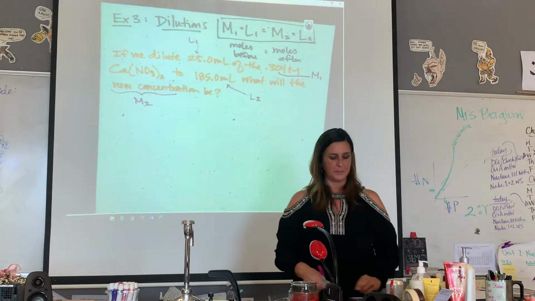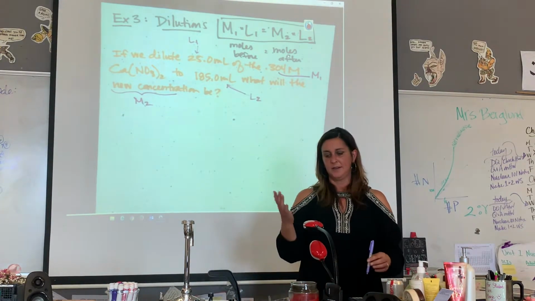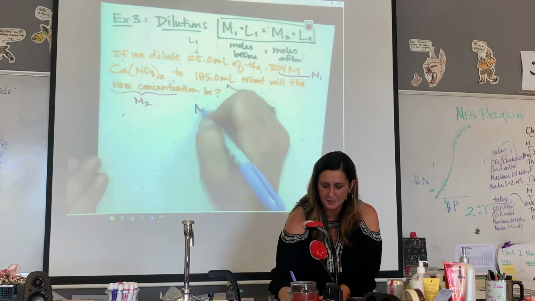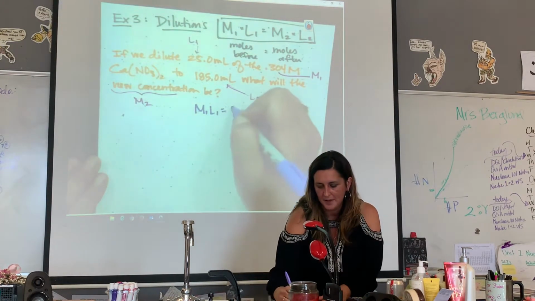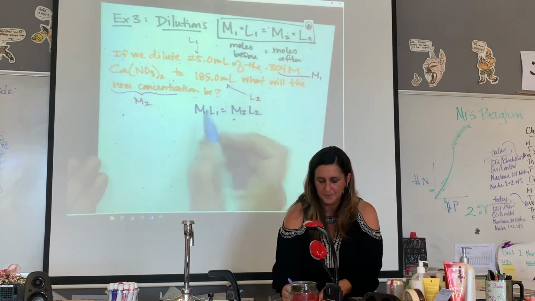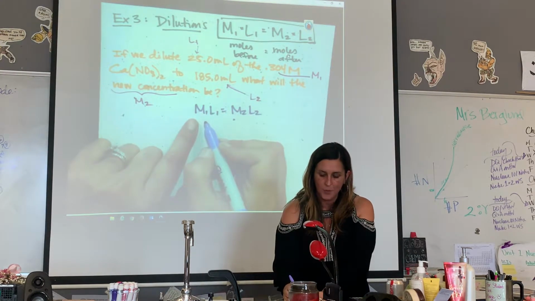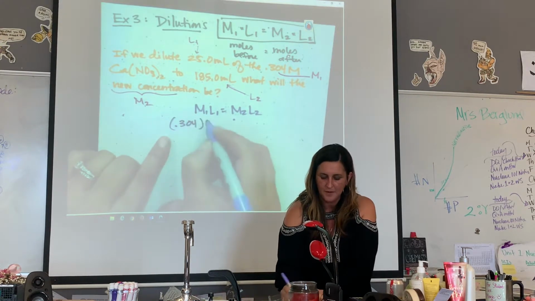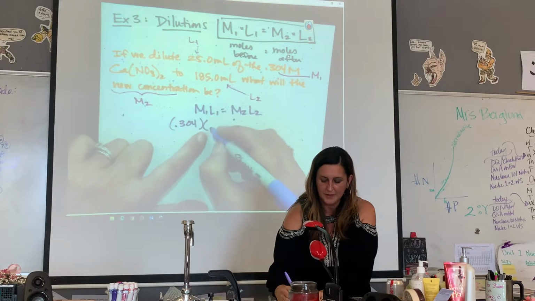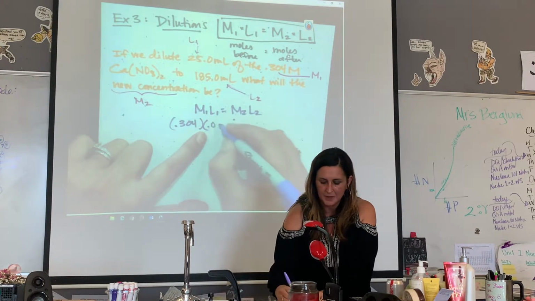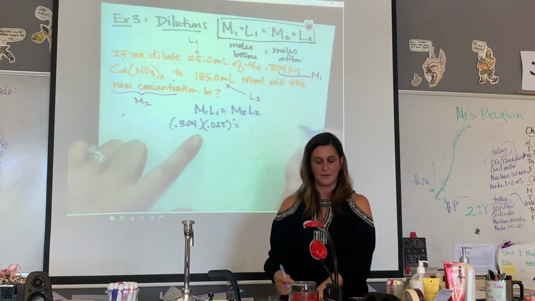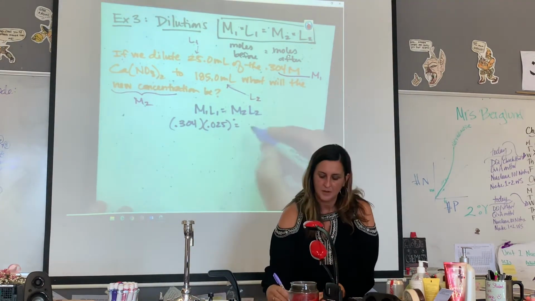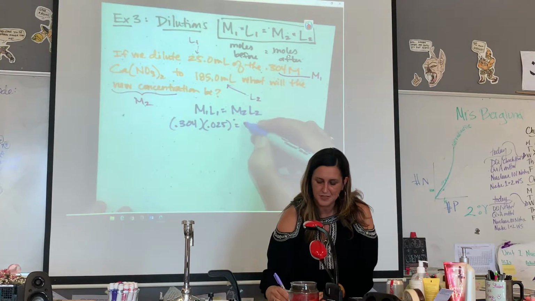Basically this is just plug in the numbers and chug out the answer. We're going to do M1 times L1 equals M2 times L2. Our M1 is 0.304. Our L1 is 25 milliliters, and I'm going to change that to liters. If they're both in milliliters, you can actually leave them in milliliters, but for teaching purposes, I'll change it.